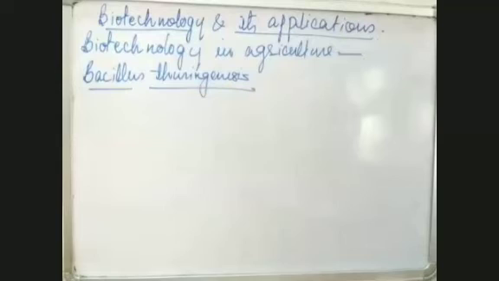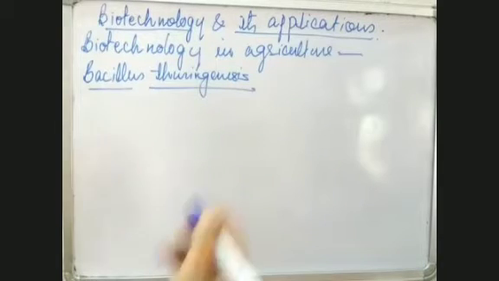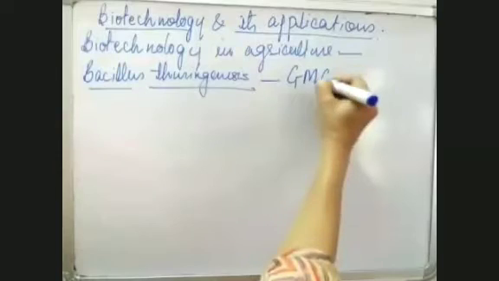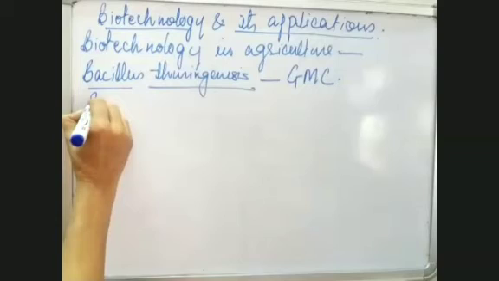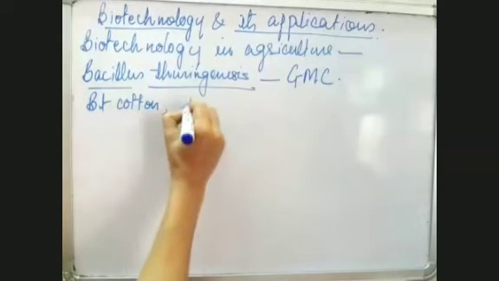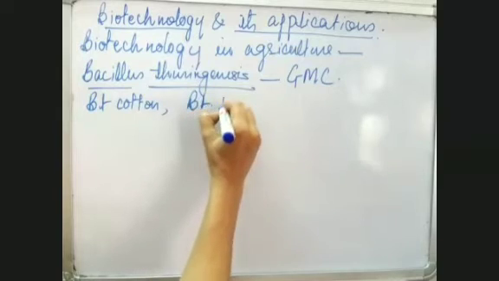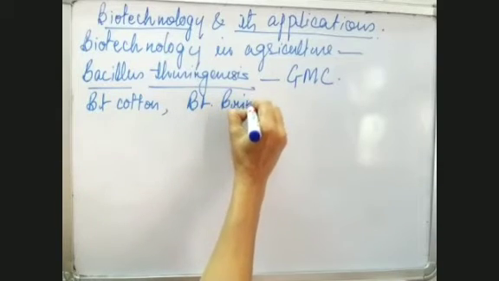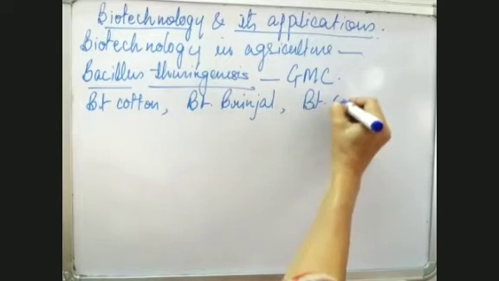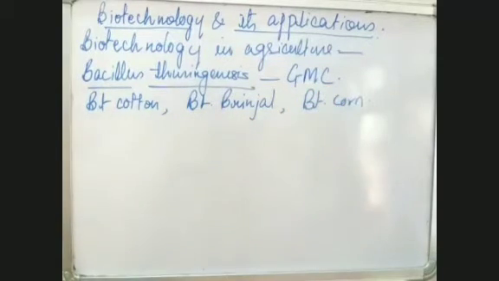How this bacteria was used in the field of agriculture to develop GMOs, genetically modified crops, like BT cotton, BT brinjal, BT corn, etc.